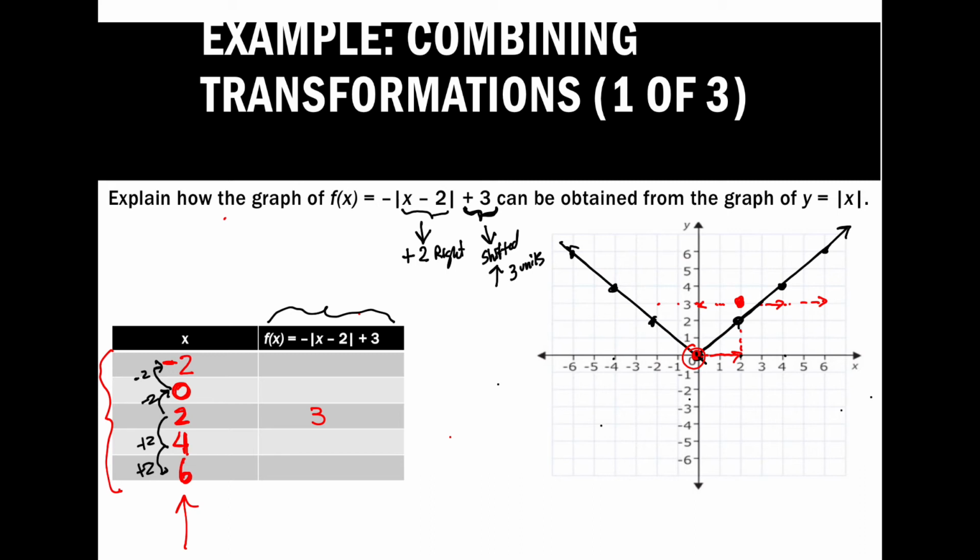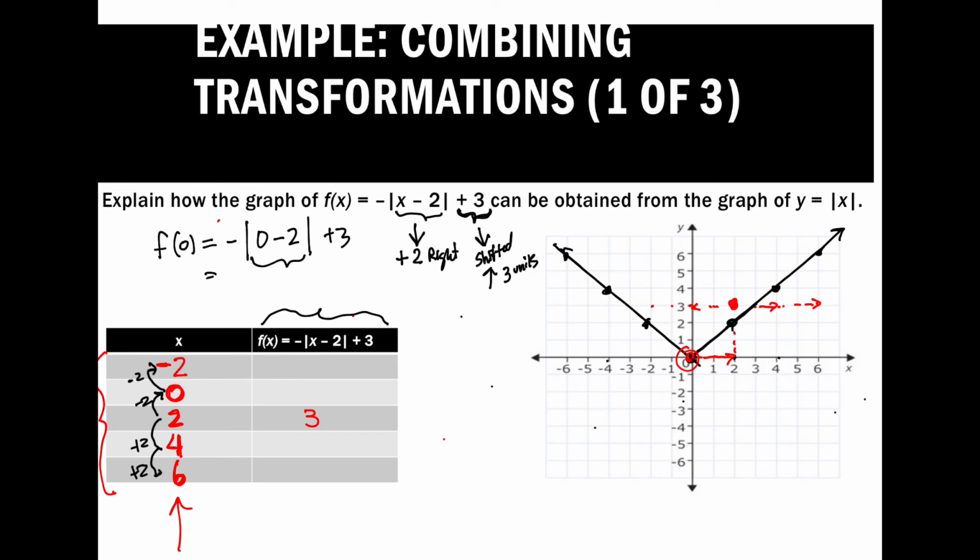And the f of 0 gives me the negative absolute value of 0 minus 2, and then plus 3. Well, that's -2, but the absolute value of -2 is 2. But then notice this little negative on the outside, that keeps this negative.